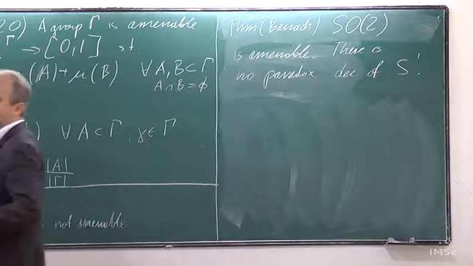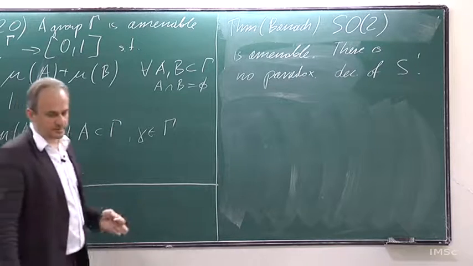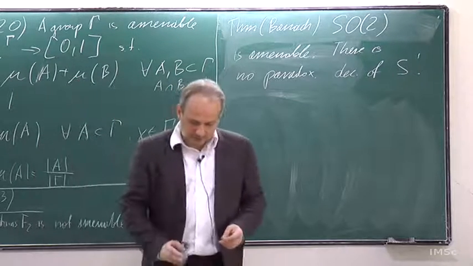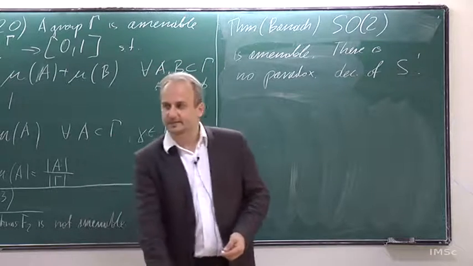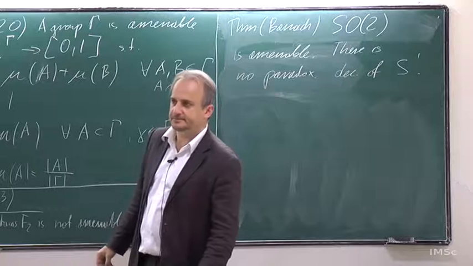For S2, we've seen this decomposition. On the other hand, one cannot do it for S1, because of the existence of this measure, which cannot be described explicitly, but we've seen that it exists.